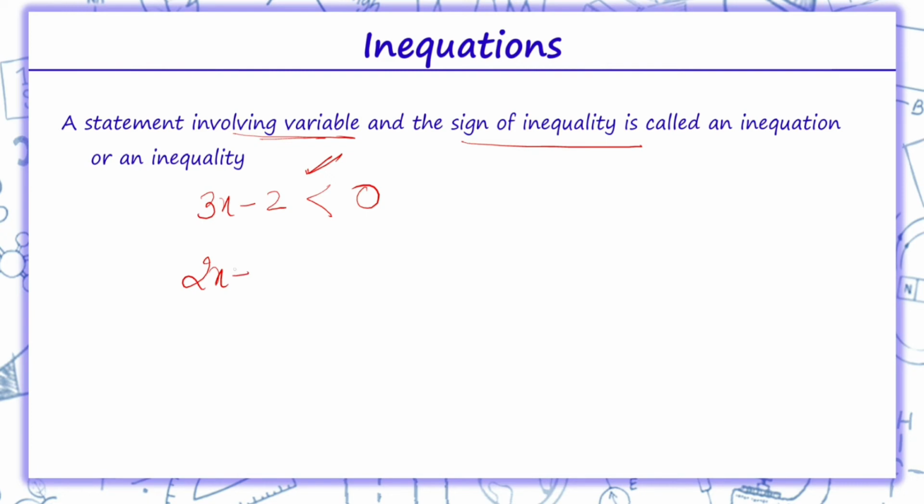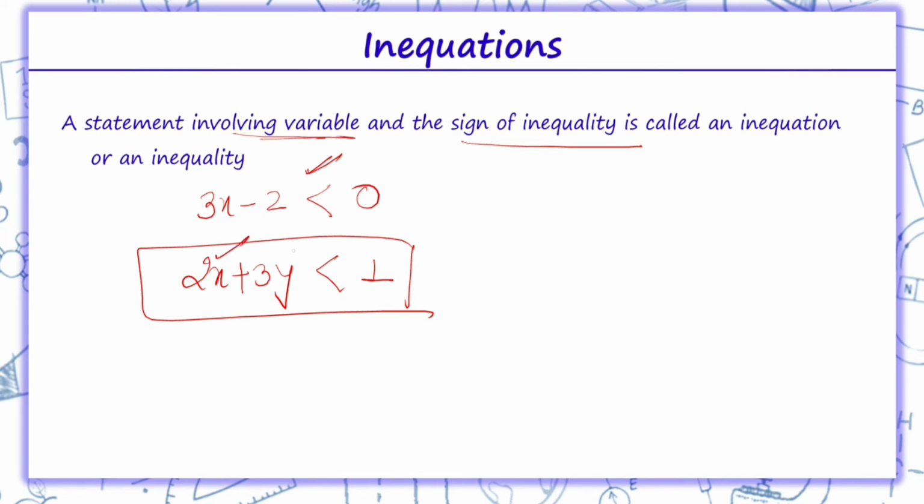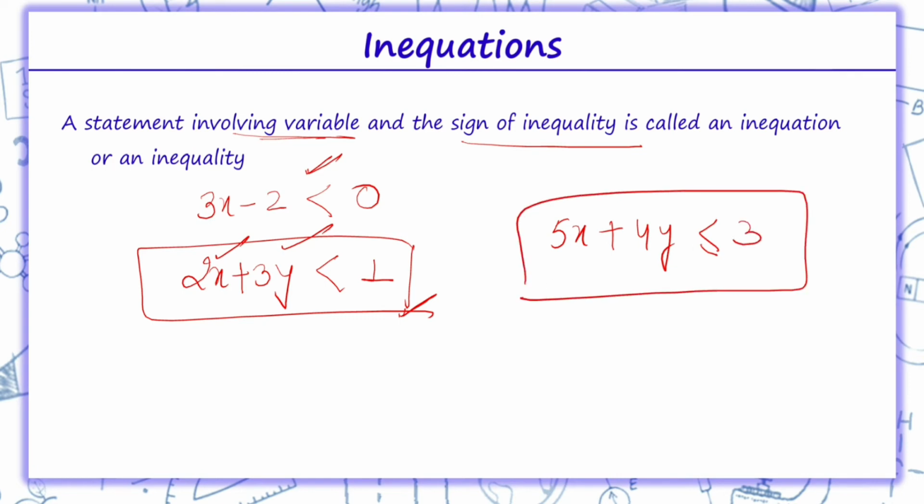But if I am talking about 2x plus 3y less than 1, two unknown variables are involved. This is a linear inequation in two variables. We can write 5x plus 4y smaller than or equal to 3. This is again a linear inequation in two variables.